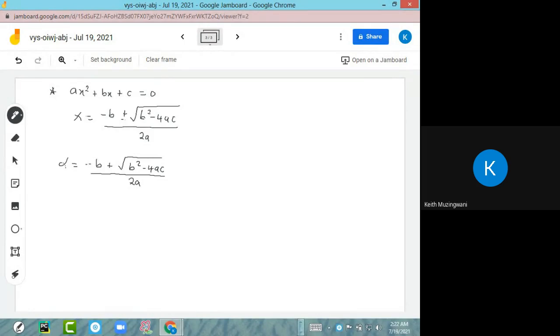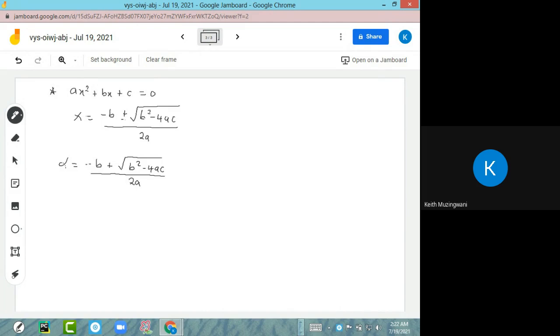So the quadratic equation is ax squared plus bx plus c is equal to 0. If they say use the formula to get the values of x, this is the formula that we use. Now this formula has two options. It has a plus or minus.